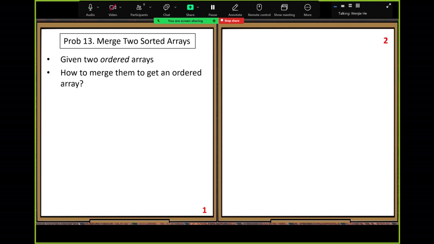Now, can you find the fastest possible algorithm to merge them to get one overall ordered array? That's the question.